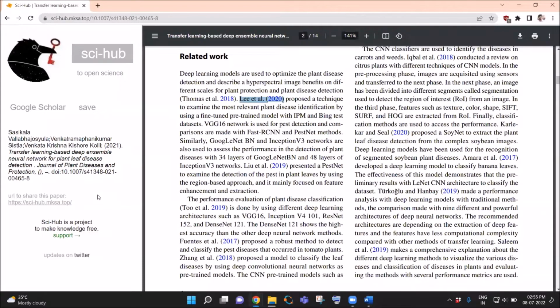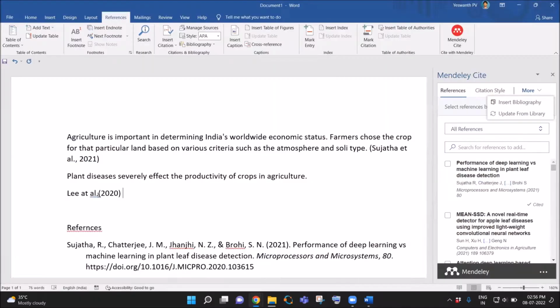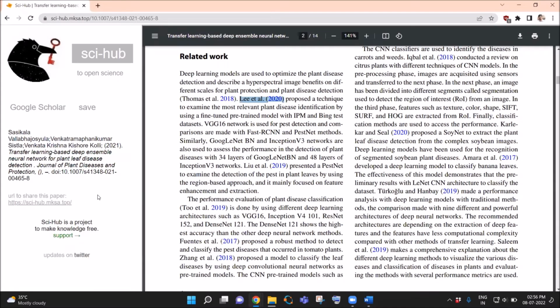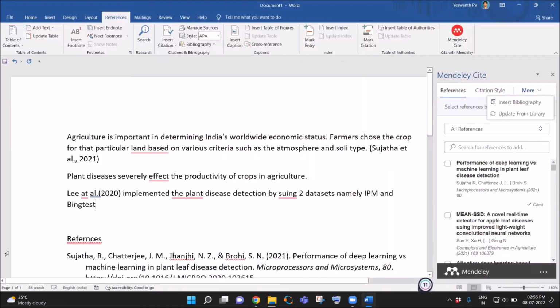Here, Lee et al. proposed a technique to examine the most relevant plant disease identification by using a fine-tuned and pre-trained model with IPM and Bing test datasets. Lee et al. implemented the plant disease detection by using two datasets. This is IPM, second is Bing test. You can copy it into Quillbot, and parallelly you can change the sentence like this.